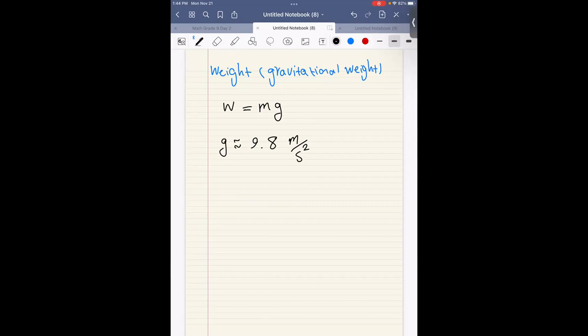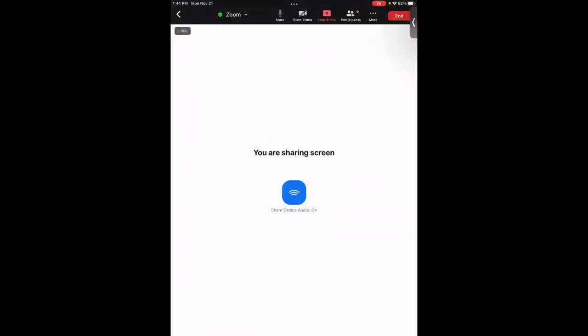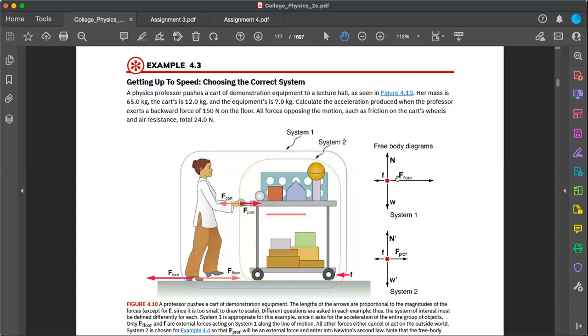Look at chapter 4, section 4.4, page 159 of the textbook. Do you see this? Can you find it in your books?